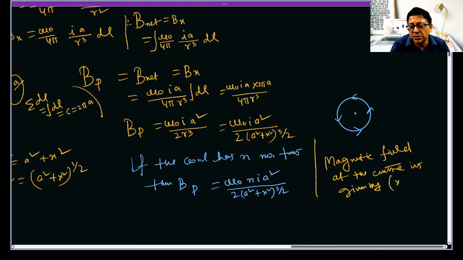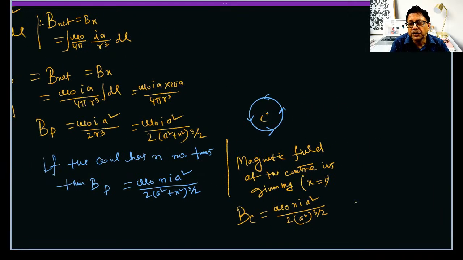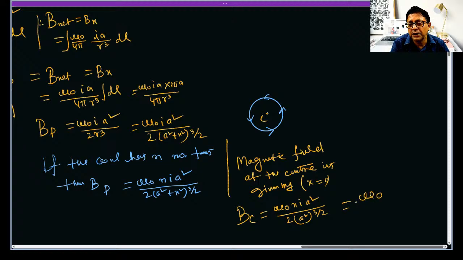You put X equal to 0. Center means X equal to 0. So B at center, you take mu 0 N I square by 2 A square to the power 3 by 2. Isn't it? So this will be mu 0 N I by 2A. Clear?